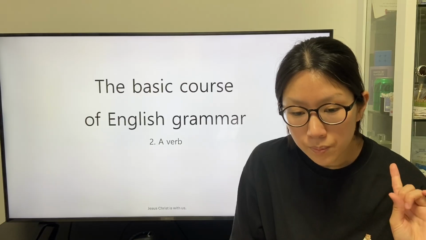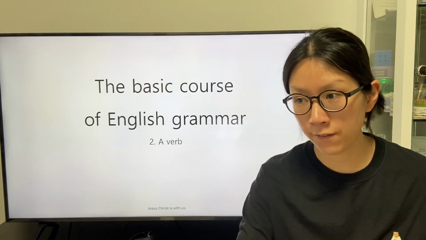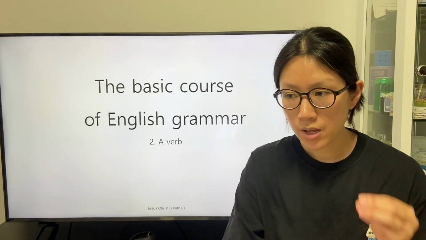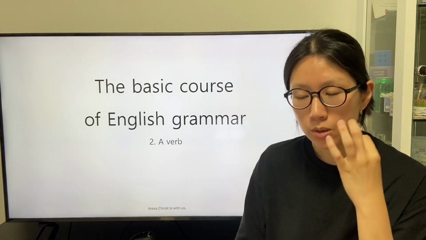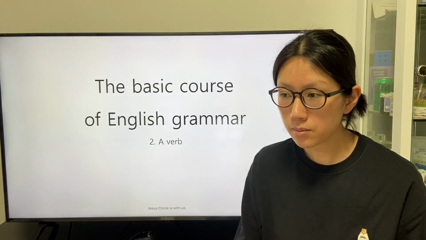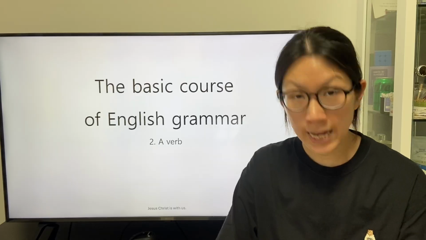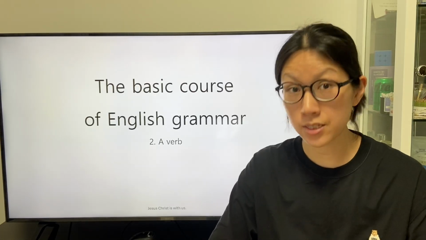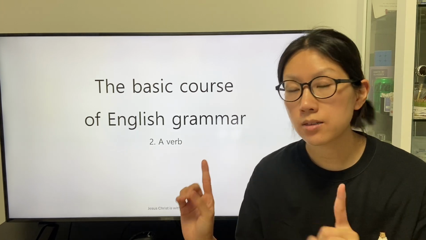So if the listeners agree on the condition of the subject, she, then the listeners will respond to the speaker in this way. Yes, she is. Yes, this means yes, she is lovely.